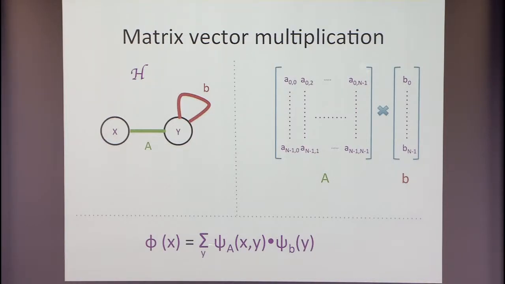So phi of x, you sum over y, which basically indexes all of these, phi a of xy times phi b of y. So again, in this case, I'm actually using both sum and product. It is known that in general you can't do this better than n squared, so there's a known lower bound. I'll come to this in a bit.